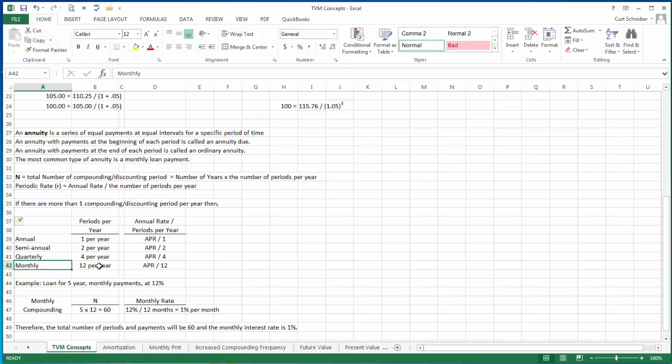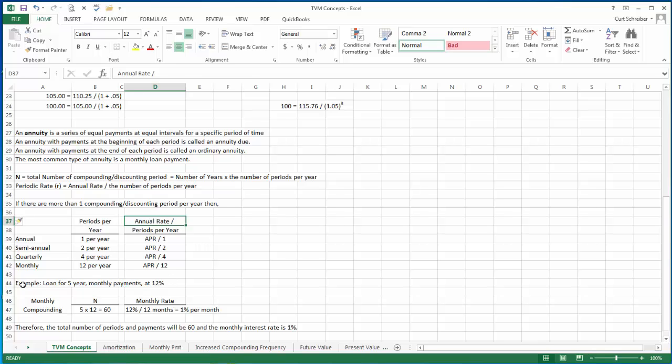However, monthly would mean that there are 12 periods per year. The periodic rate, r, is equal to the annual rate divided by the periods per year.